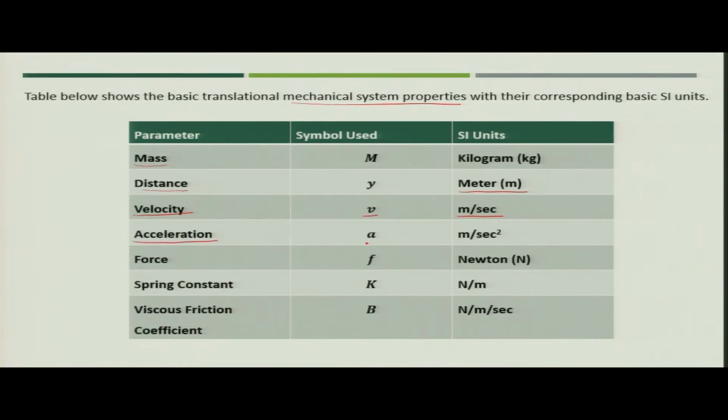Similarly, acceleration is represented with small a and the SI unit is meter per second squared. Force we represent with a small f, sometimes you will also see capital F being used, and the SI unit is Newton. The spring constant we just saw is represented by capital K and the SI unit is Newton per meter. The viscous friction coefficient we just saw is represented with capital B and its SI unit is Newton per meter per second.